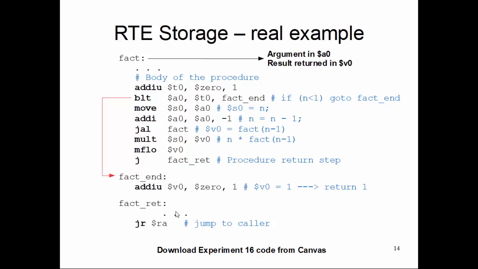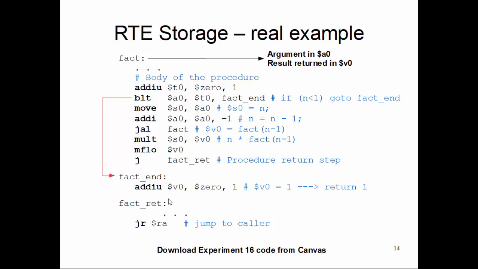So as something like factorial return in this case, you just choose a label of your own name. It's an easy convention to have an underscore RET as the name of the return part of the code.